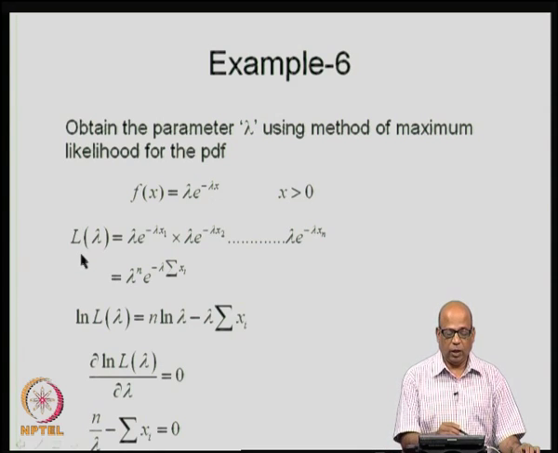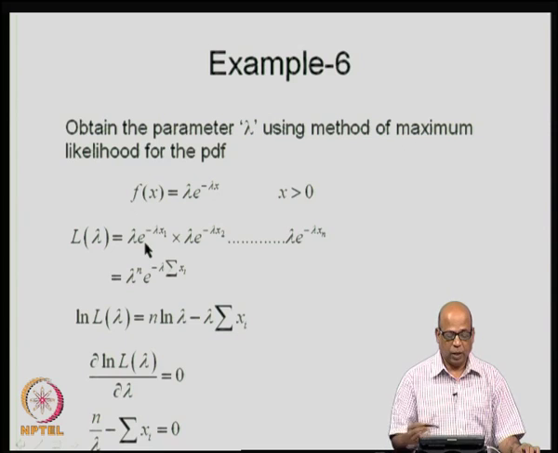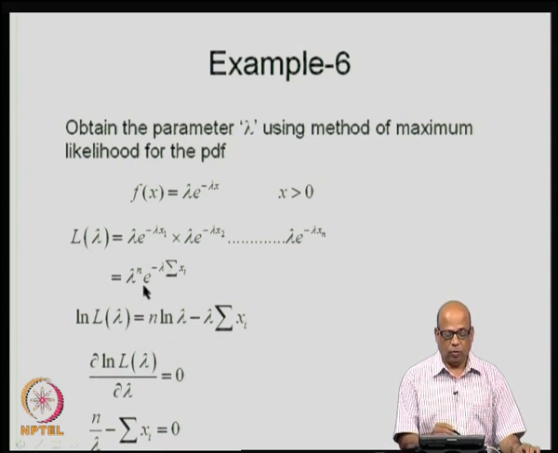Therefore, if we take the logarithm of likelihood and look at that value of lambda at which log L of lambda has a maximum, the same value of lambda also corresponds to the place where L of lambda has maximum, and we are looking for that particular value of lambda which maximizes the likelihood function L of lambda. So, the log of likelihood will be equal to n log of lambda minus lambda sigma of x i. We are simply taking the log of this.